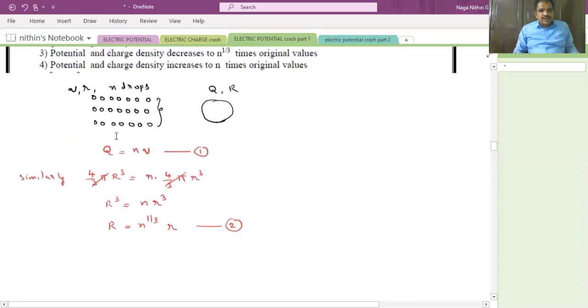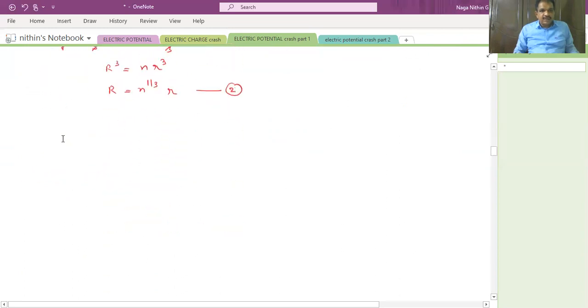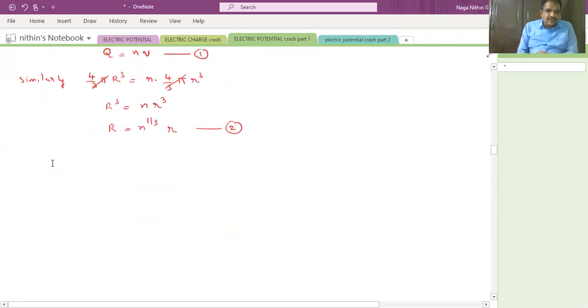Here, what will happen to the potential difference and the surface charge density? The potential of the small drop is 1 by 4 pi epsilon naught small q by small r.